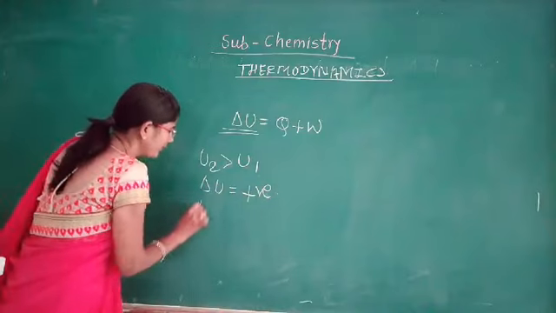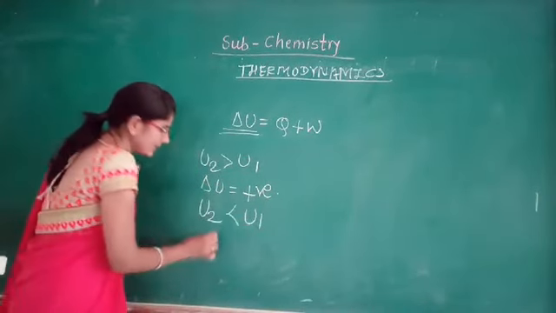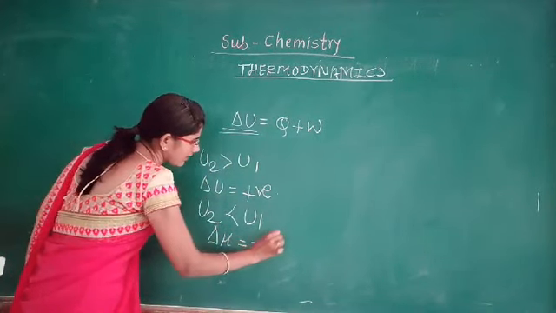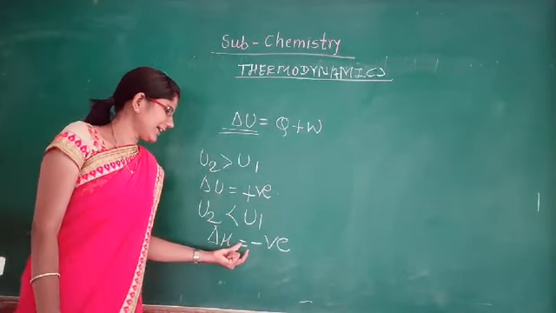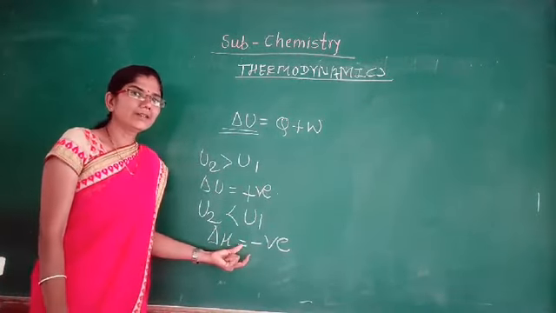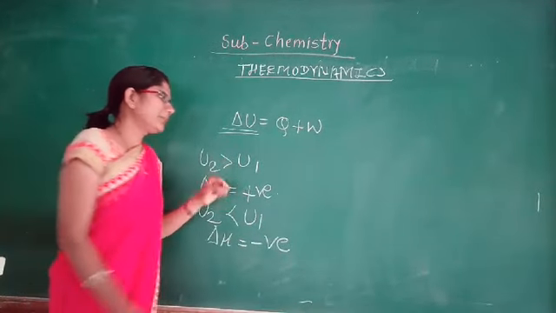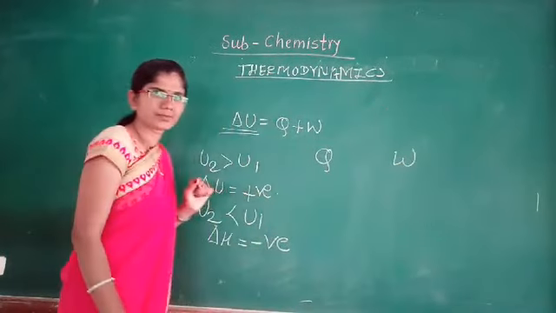And if U2 is less than U1, at that time the change in internal energy has a negative value. But the value of delta U depends on Q and W.